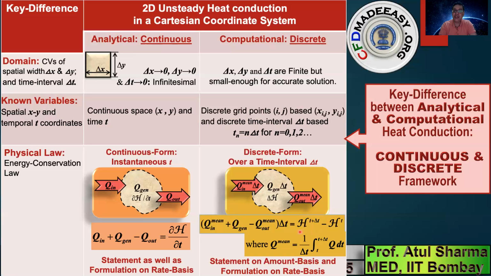So the change in enthalpy with respect to time is represented like any point function: enthalpy at state 2, corresponding to t plus delta t, minus enthalpy at t. The final state corresponds to t plus delta t and the initial state to t.